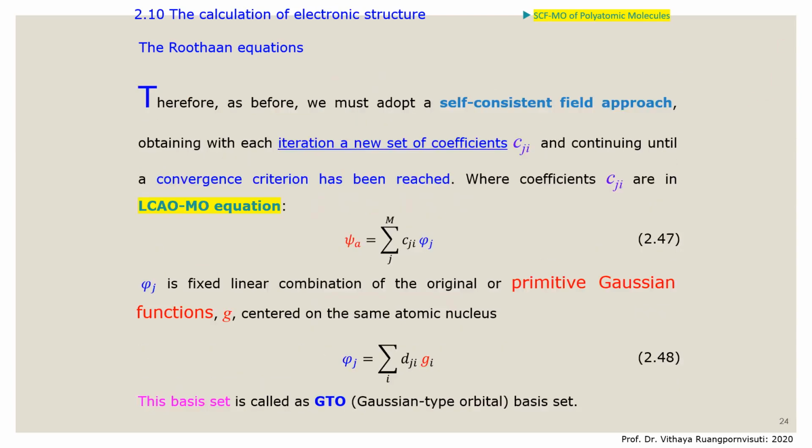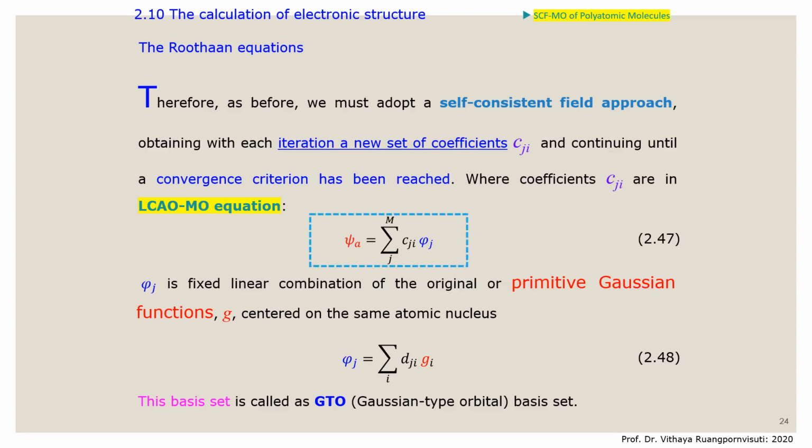Therefore, as before, we must adopt a self-consistent field approach, obtaining in each iteration a new set of coefficients C j i, and continuing until a convergence criterion has been reached, where the coefficients C i j are in the LCAO-MO equation, as shown in equation 2.47.